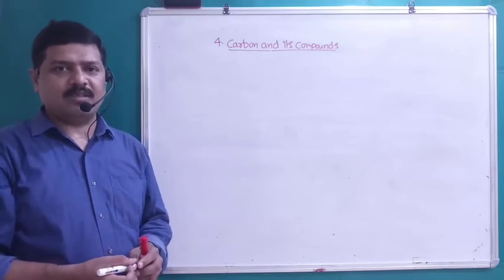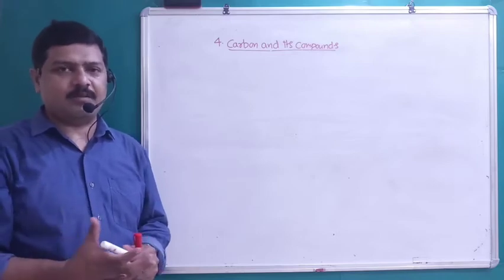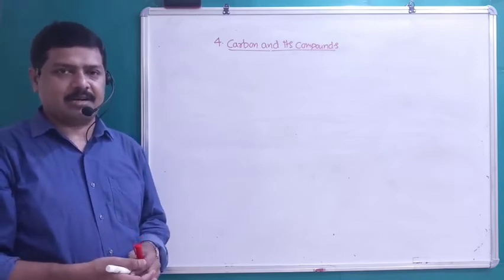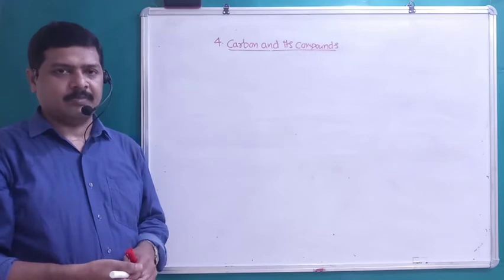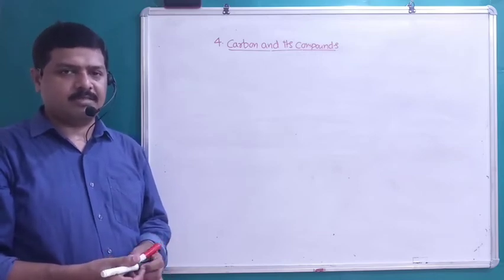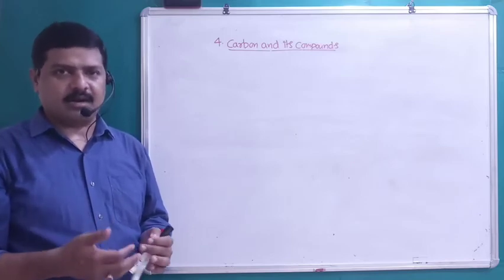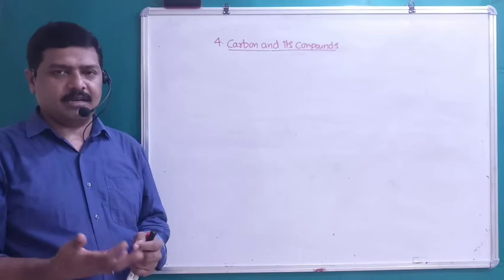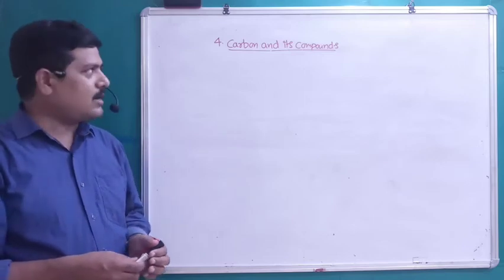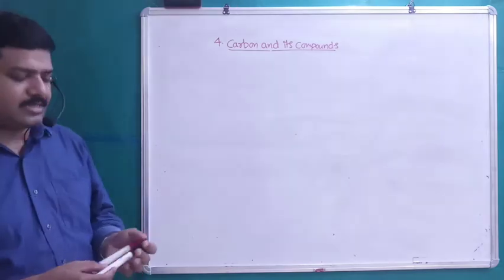When we enter into the 11th and 12th, this is studied under a different branch of chemistry called organic chemistry. The syllabus of 11th and 12th chemistry is divided into 3 parts: inorganic, organic and physical chemistry. So organic chemistry talks about carbon and its compounds.